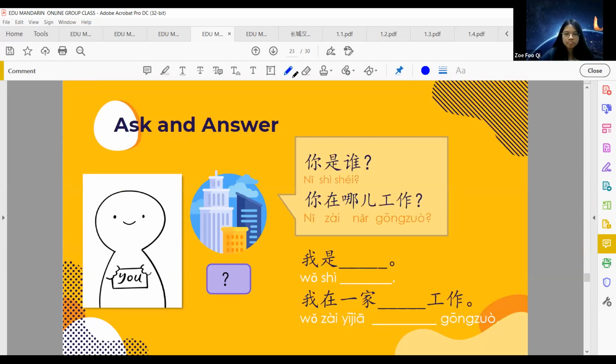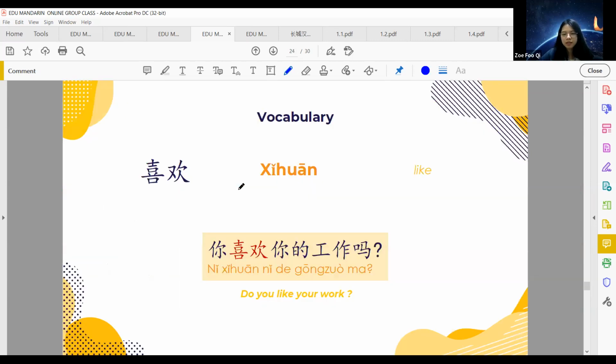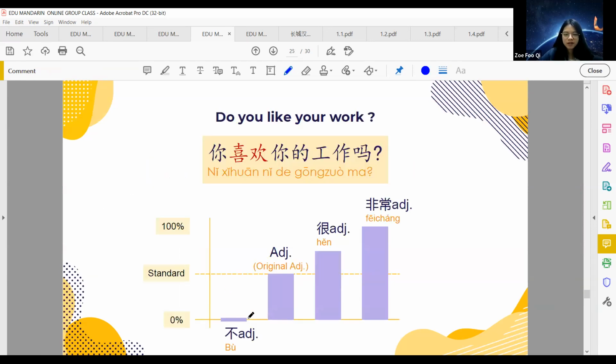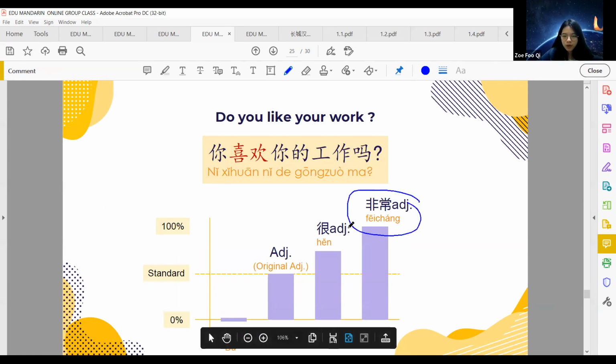Okay. And then this one is 喜欢, 喜欢 is to like something. So 你喜欢你的工作吗？ Do you like your work? Okay, so this one is the adjective, and then normally we put the adverb of degree, or the one to deny it, first, and then we only put the adjective.